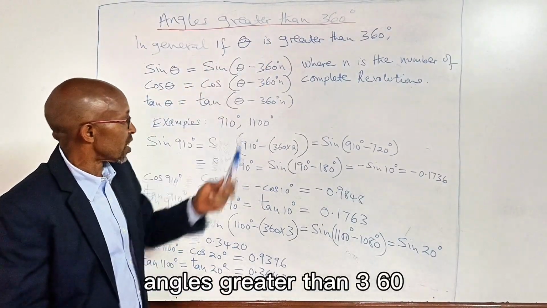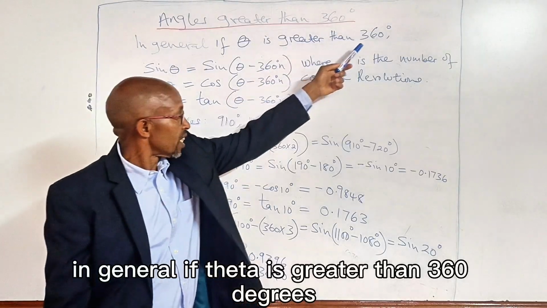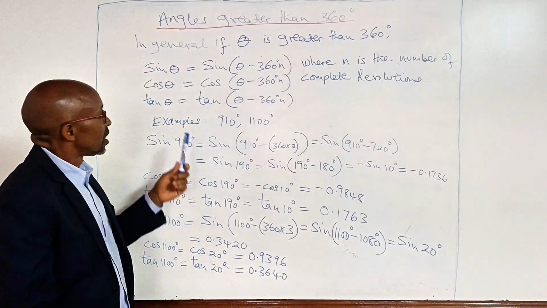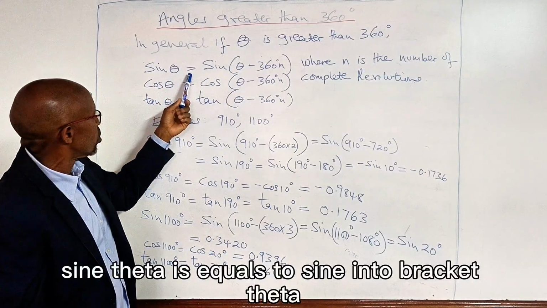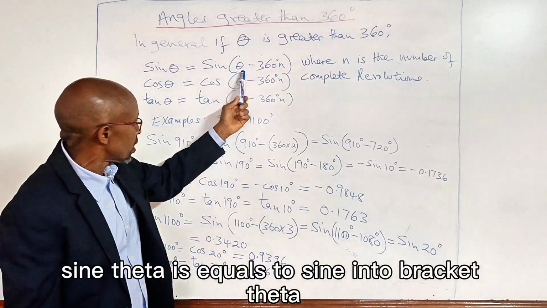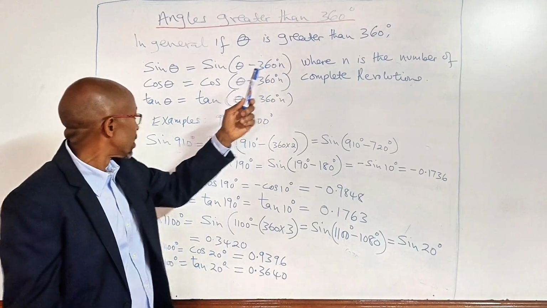Angles greater than 360. In general, if theta is greater than 360 degrees, we tackle it as follows. Sine theta is equal to sine into bracket theta minus 360 degrees times n.